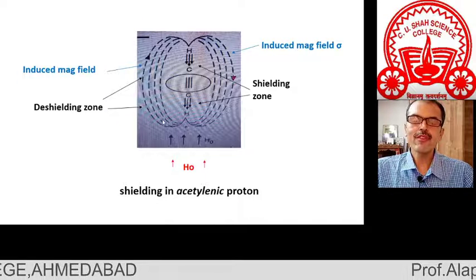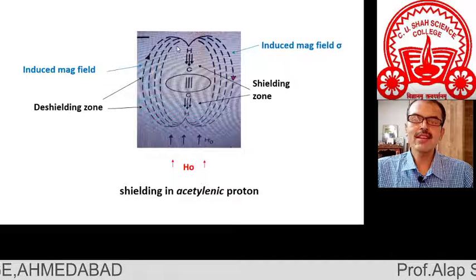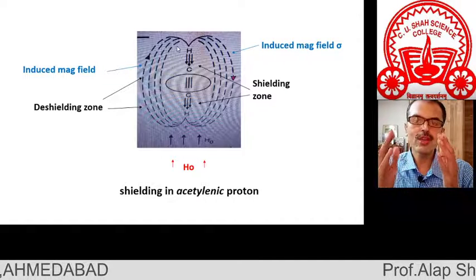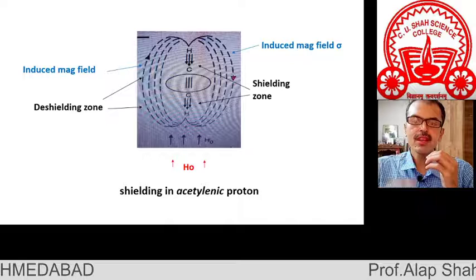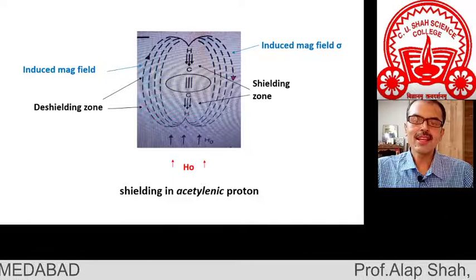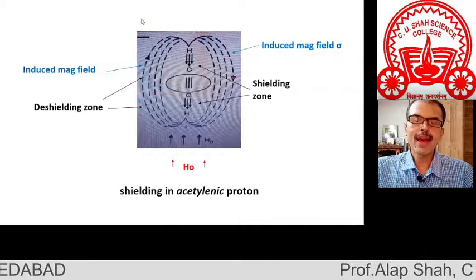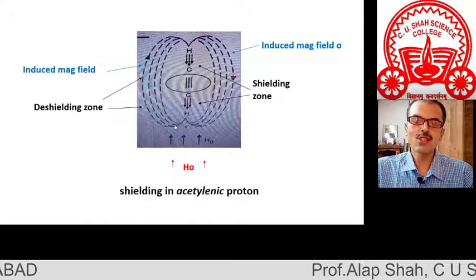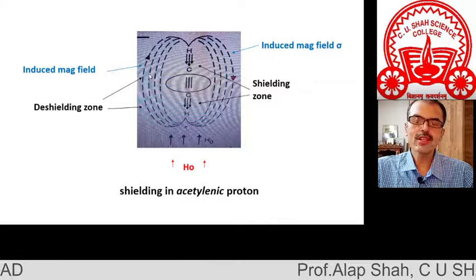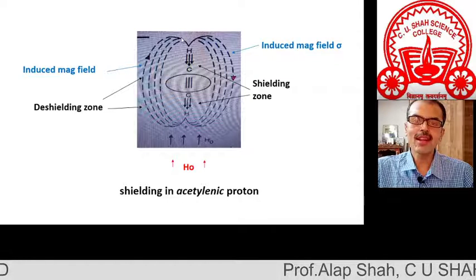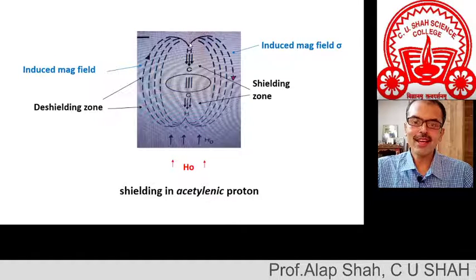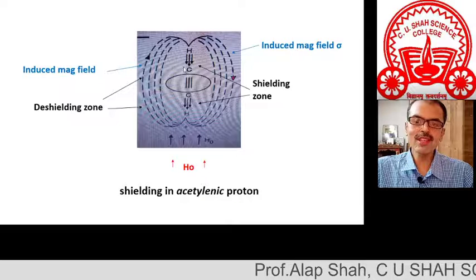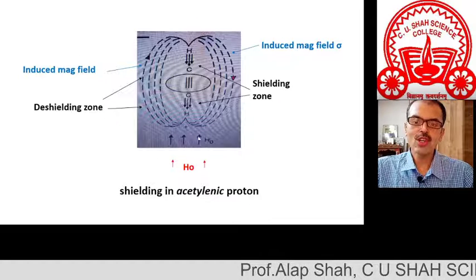Carefully observe that these lines divide the whole molecule into two different zones. Somewhere these lines are parallel to H0. See this arrow, this one and this one, they are parallel. But when they enter here, see these arrows, they are actually opposing.